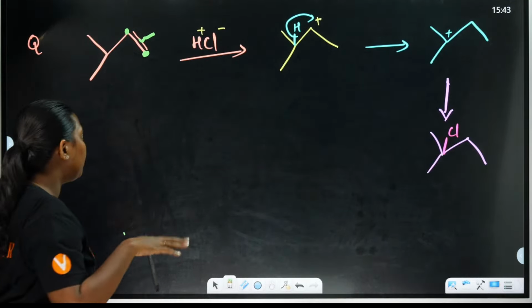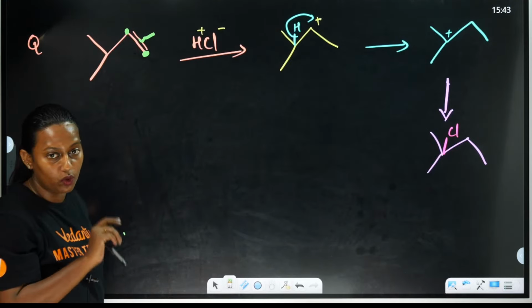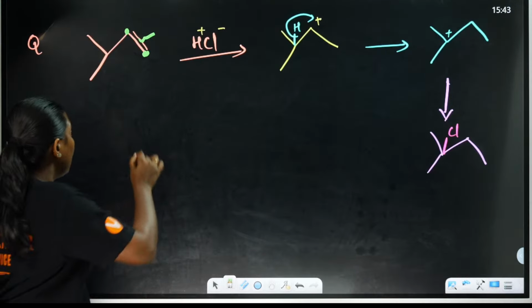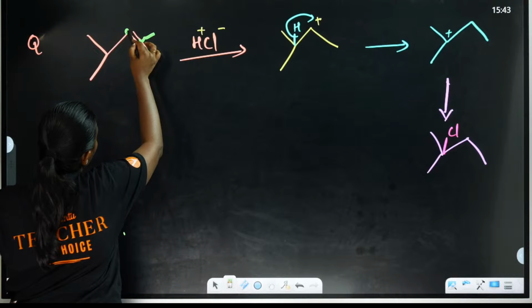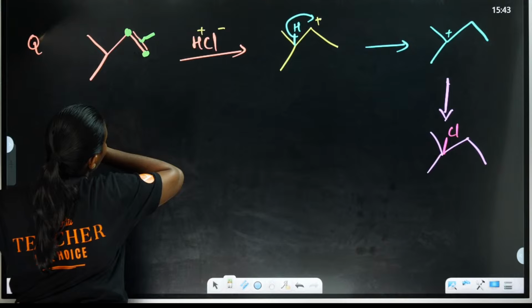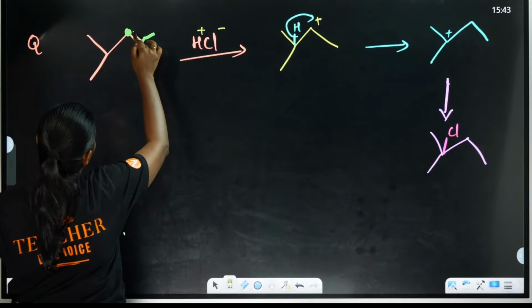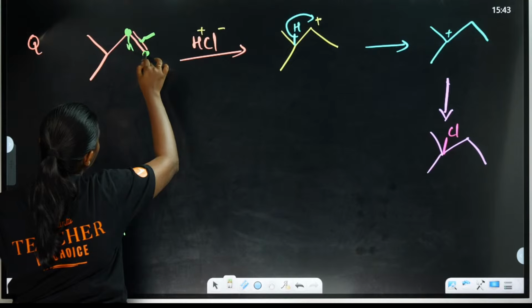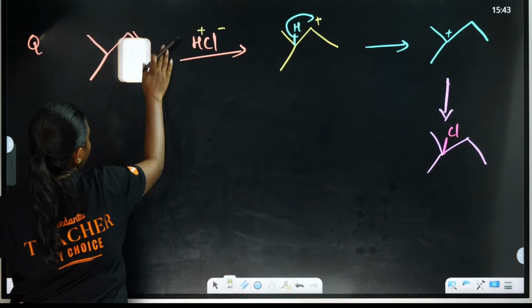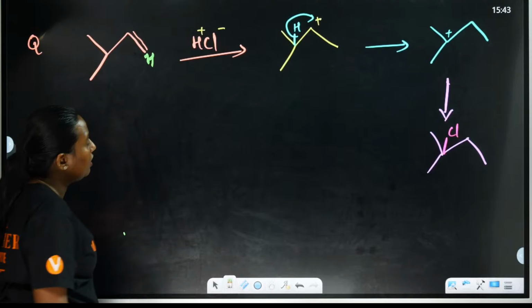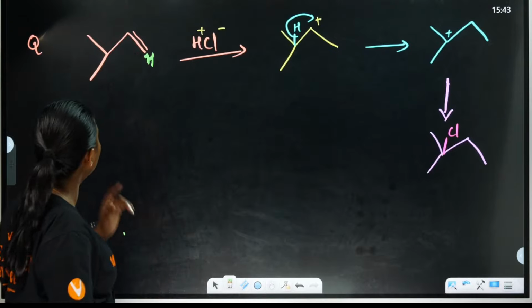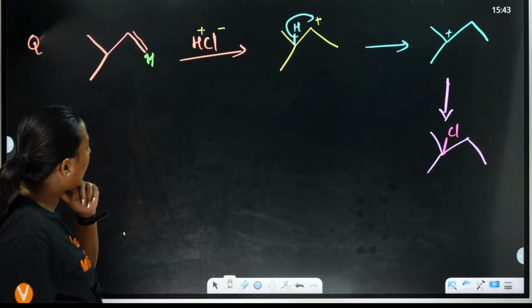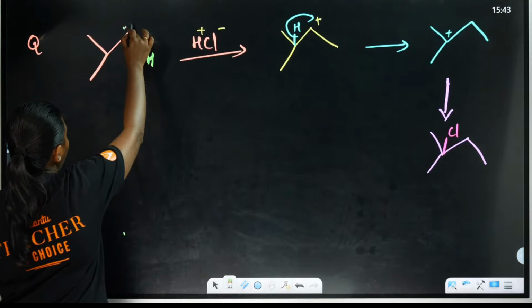Here we will follow Markownikov's rule. Where are more hydrogens? Here only one hydrogen, here 2 hydrogens are there. So hydrogen will come this side, and here a carbocation will form.